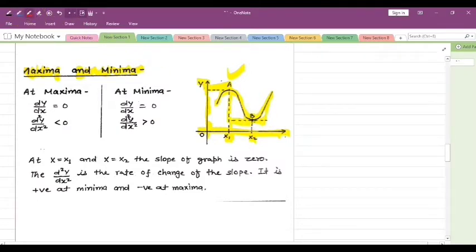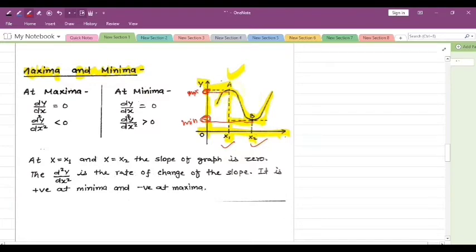Now why is it minimum? Because this value lies somewhere here on the y-axis and this value lies somewhere here. Okay, this is your maximum answer for y and this is your minimum answer of y at x1 and x2.